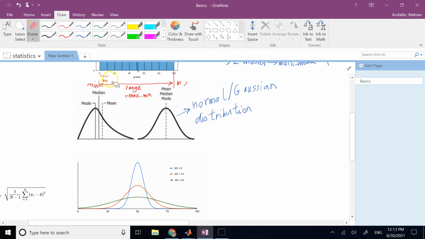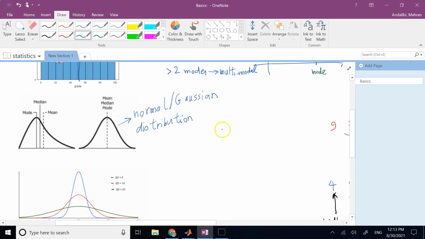Let's say, for example, I have the annual income of a household in the United States. If I look at the distribution, and this distribution is quite normal like this, let me show it this way.